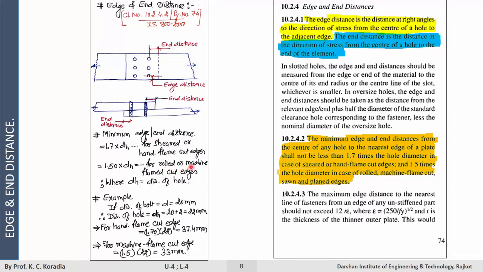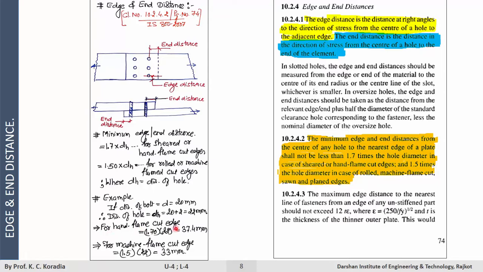Where the holes are made with a machine cut or edges are cut with a machine cut, which means your edges are sharper than your hand flame cut, your coefficient reduces from 1.7 to 1.5 times the hole diameter. This is the hole diameter, not the bolt diameter. For example, if you have a 20 mm diameter bolt, then your hole diameter will be 20 plus 2, that is 22 mm.